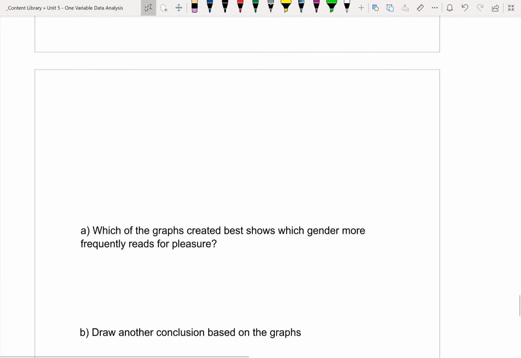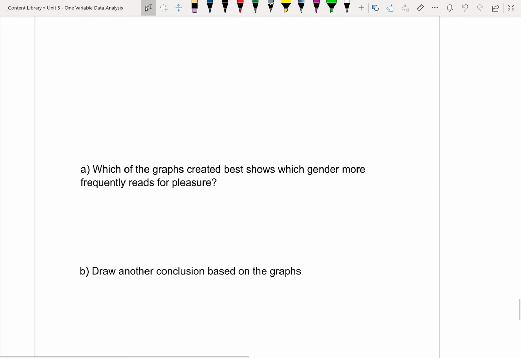So looking at these three types of graphs, we want to know which of these graphs created best shows which gender more frequently reads for pleasure. If I'm looking at these three representations, the one that I would argue shows which gender more frequently reads for pleasure would be the relative split bar graph.